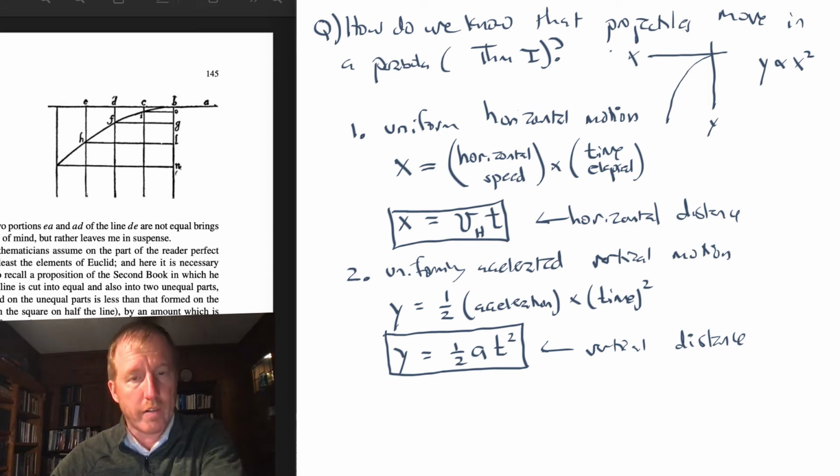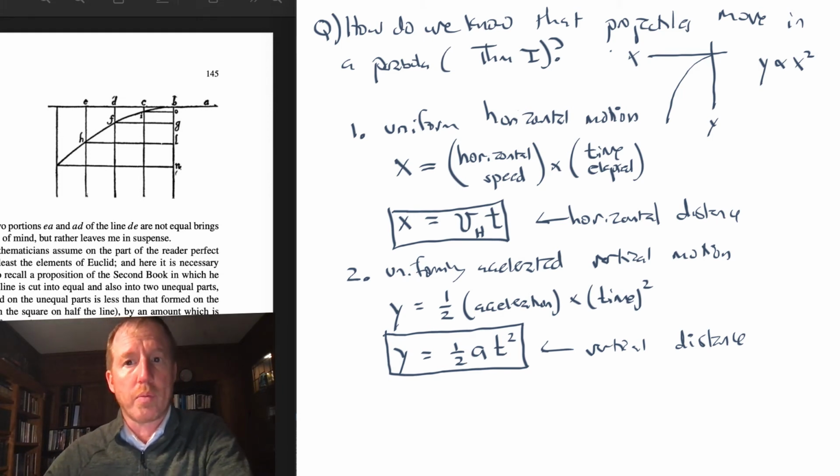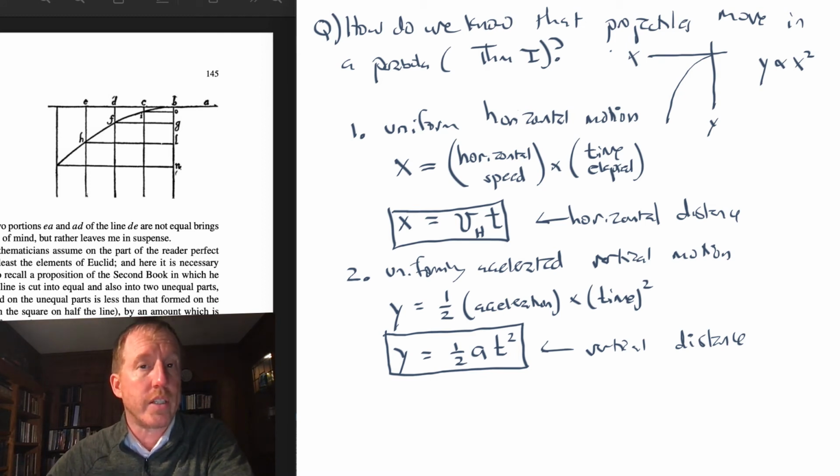That's a critical recognition here: the horizontal motion maintains the same type of motion, that is horizontal uniform motion, and the vertical motion is uniformly accelerated vertical motion. The fact that it's moving horizontally doesn't change the fact that it's uniformly accelerated vertically, and the fact that it's uniformly accelerated vertically doesn't change the uniform horizontal motion.